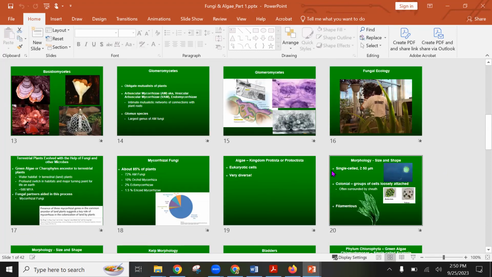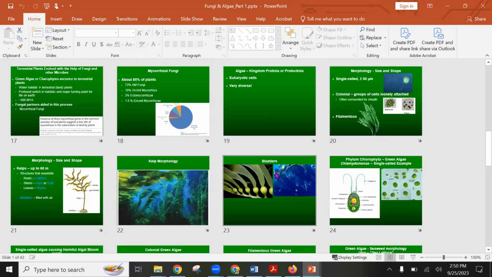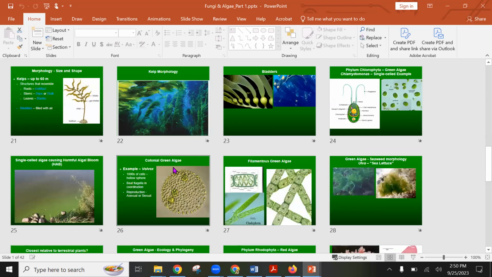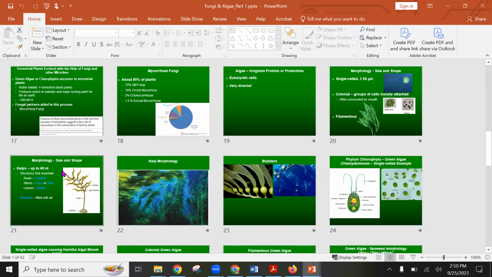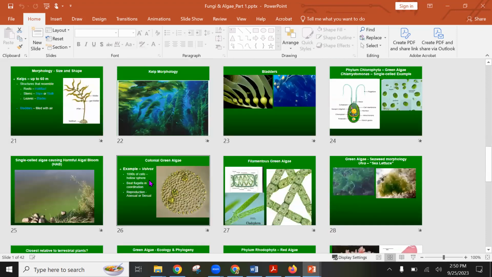Algae, there are a few phyla that I want you to know. First let me go there. Morphology, again, the body of algae, how they can be single-celled or all the way to kelps.